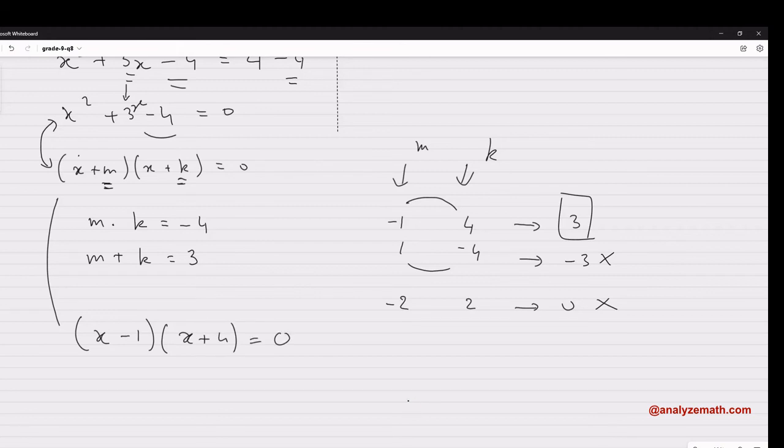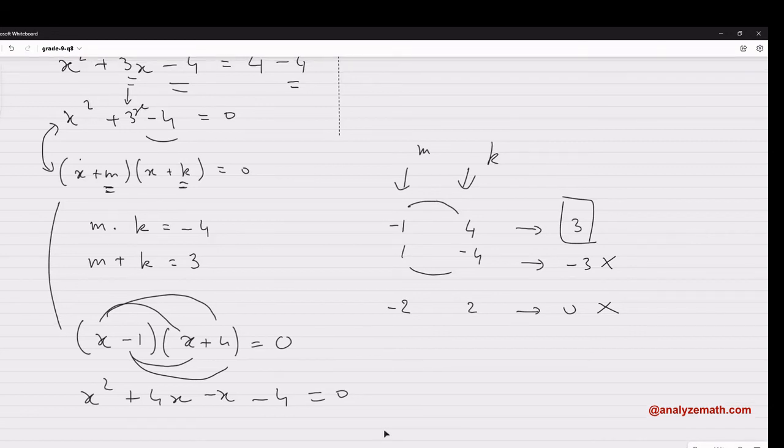Now let's check. x², x by 4 plus 4x. Now minus 1 by x, minus x. Minus 1 by 4 gives me minus 4, equal to 0.